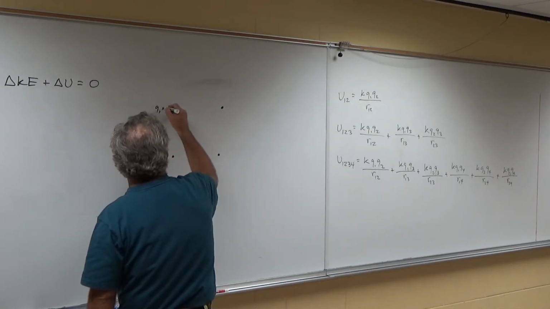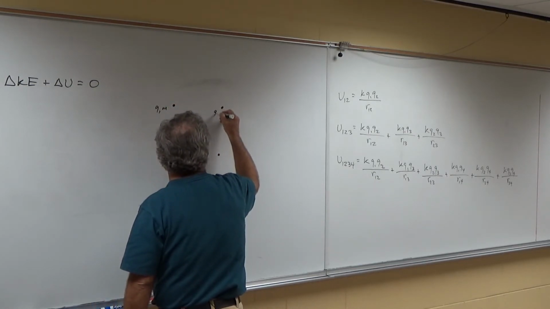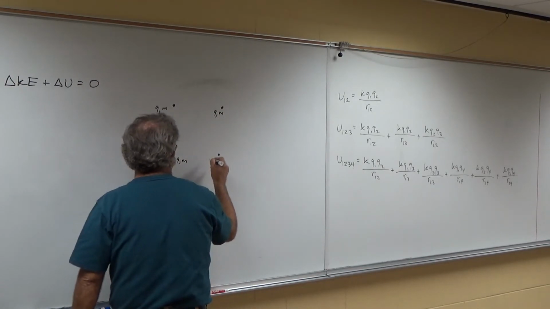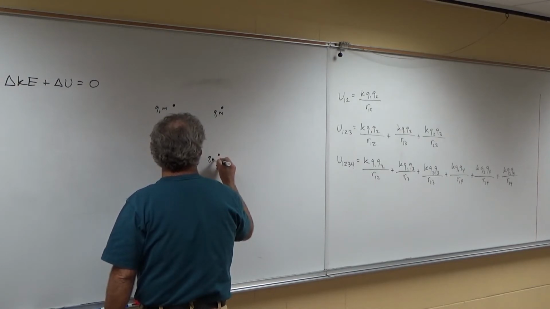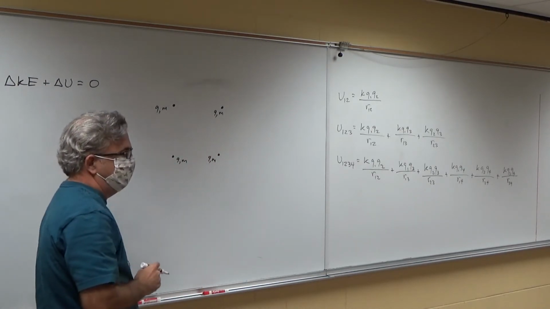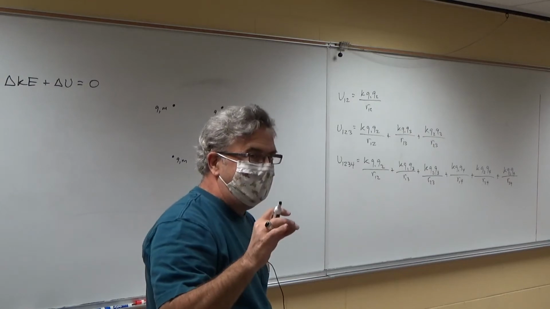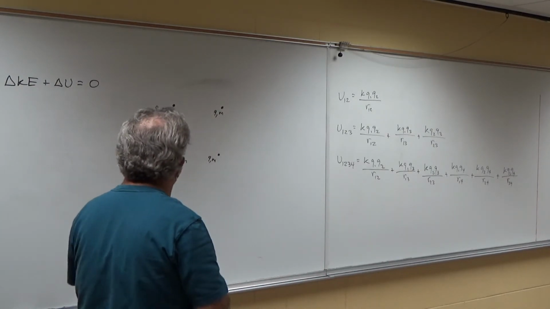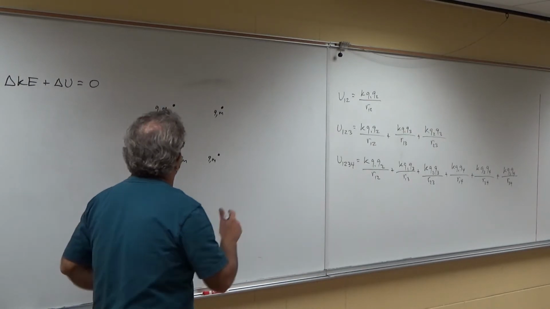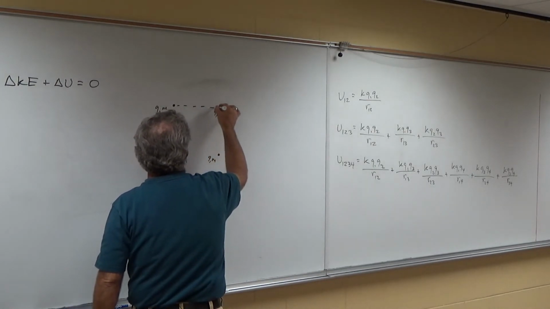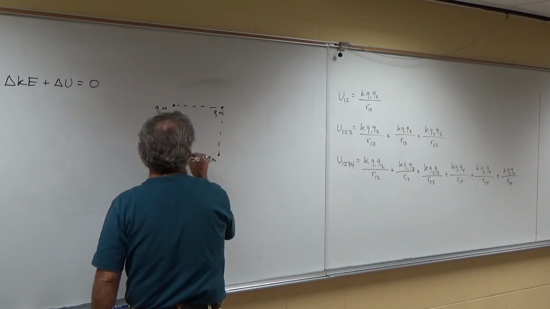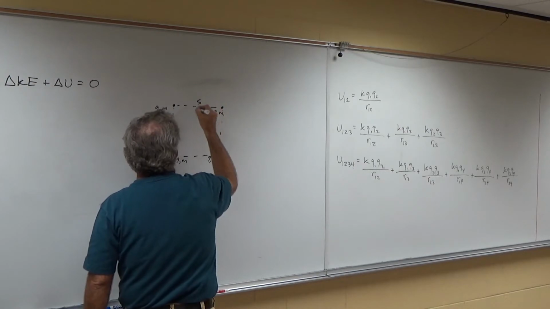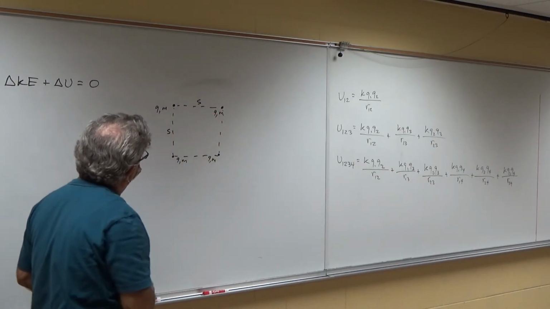They all have charge Q and mass M. Okay, so they're all equally charged, all the same sign and the same magnitude for the charge, and they all have the same mass. They're at the corners of a square of side length S.